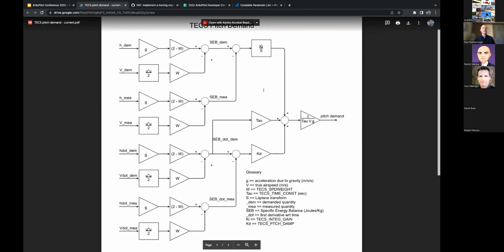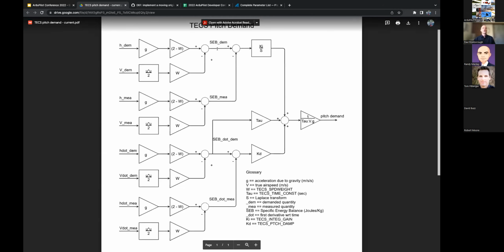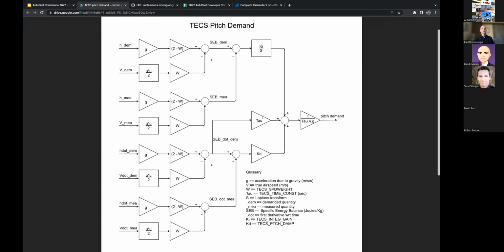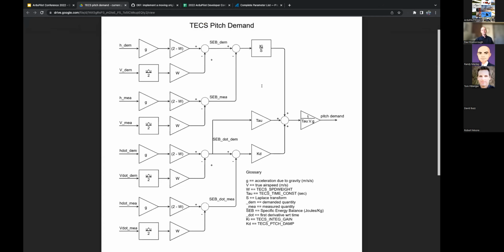That's what we call specific energy. So we have an energy balance, and then we have the energy balance measured, and the difference between those two, we effectively use that to integrate that error and demand a change in pitch angle.